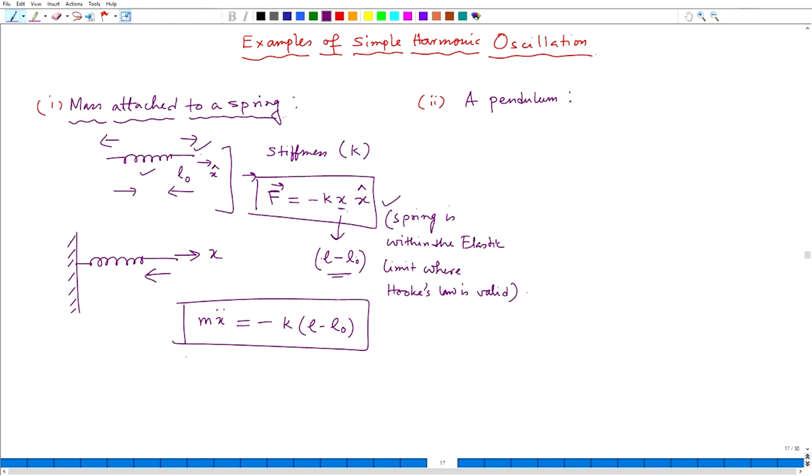Okay, so this is a famous example. Another very popular example of a simple harmonic oscillator: if you talk to a person who is not really working in physics, but is somehow interested in natural phenomena and has some basic school-level knowledge of physics, and you ask where you can see simple harmonic oscillation, the first example he or she would use is the pendulum.